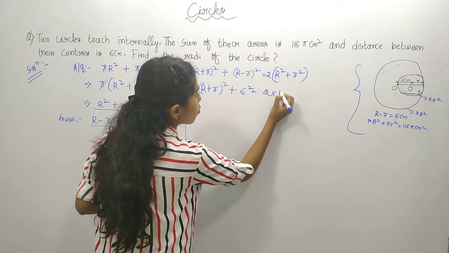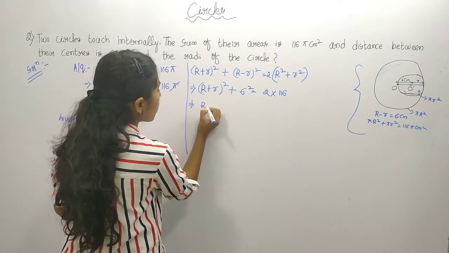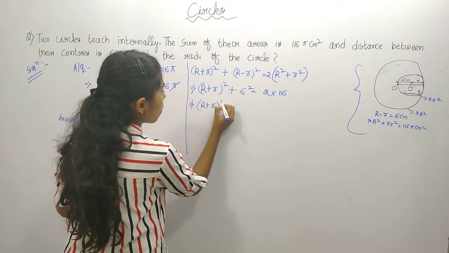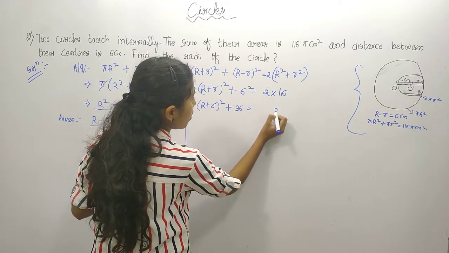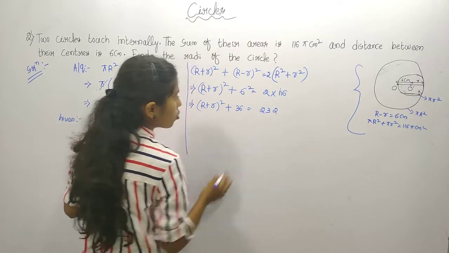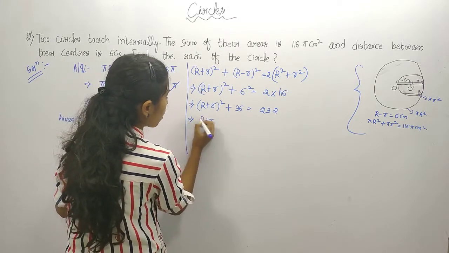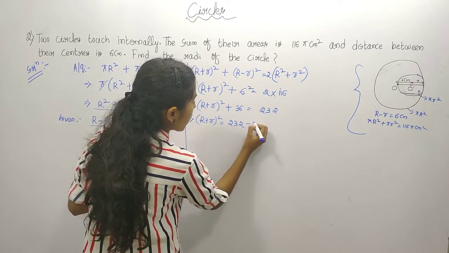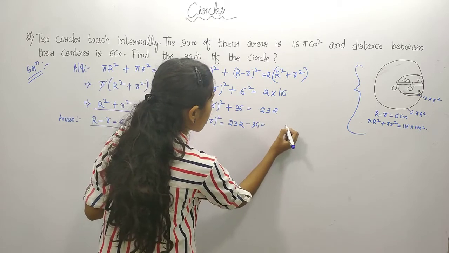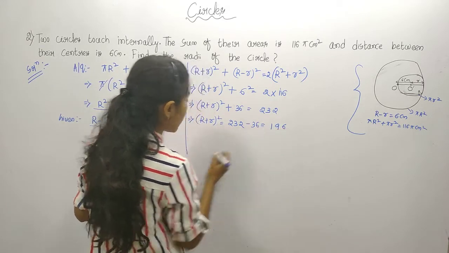So here you can put 116. Okay. Now R plus r whole square plus 6 square, which is 36, equals 2 into 116, which is 232. So that implies R plus r whole square equals 232 minus 36, which is 196.